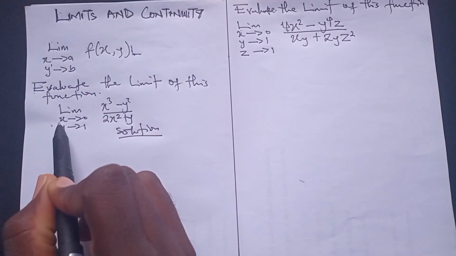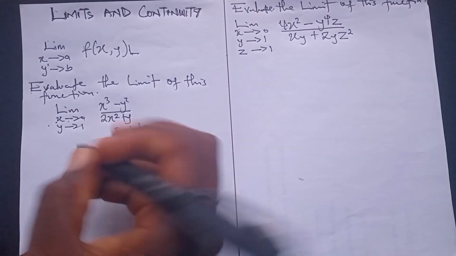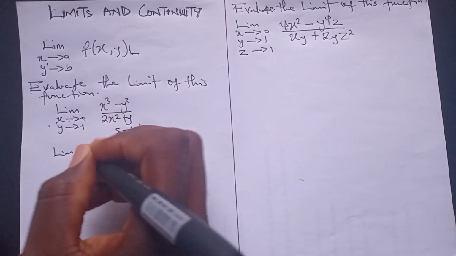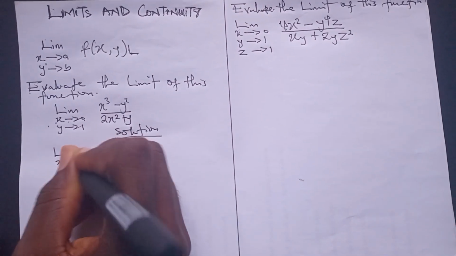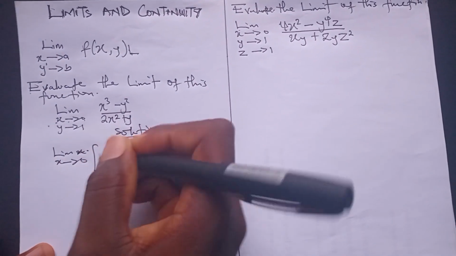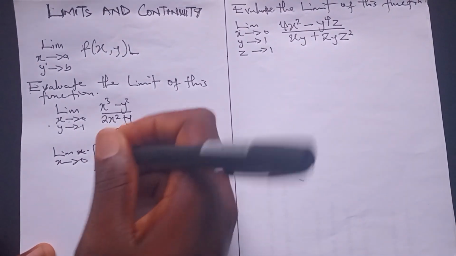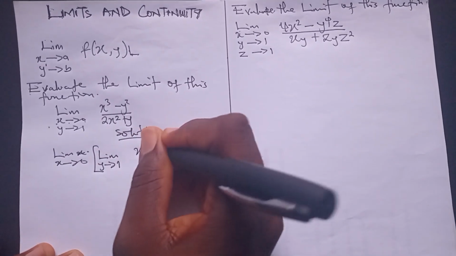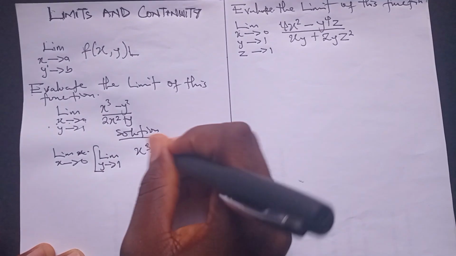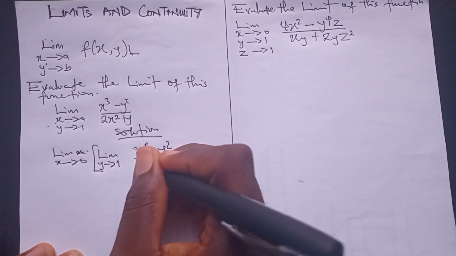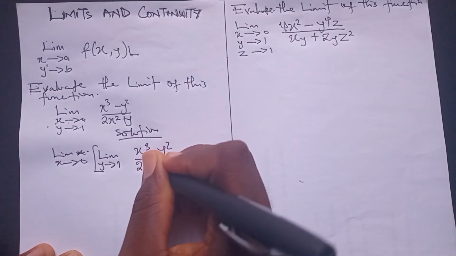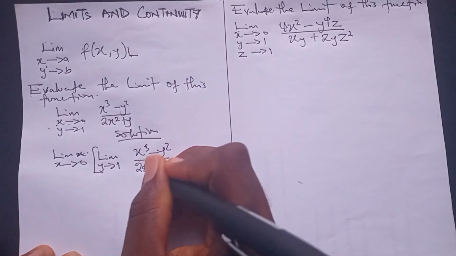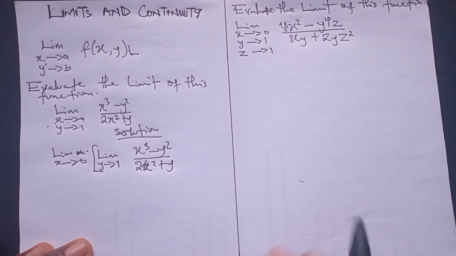The limit when x approaches 0 and y approaches 1 of x cubed minus y squared over 2x squared plus y.